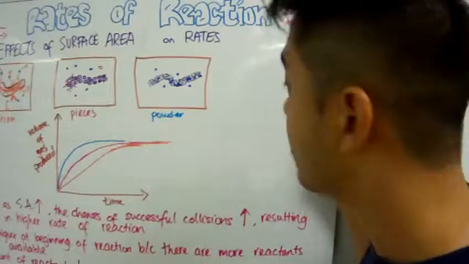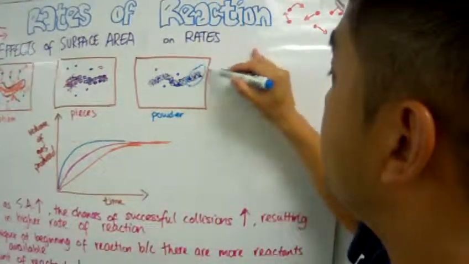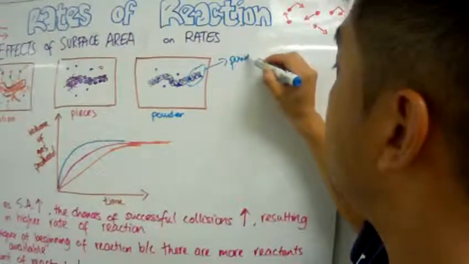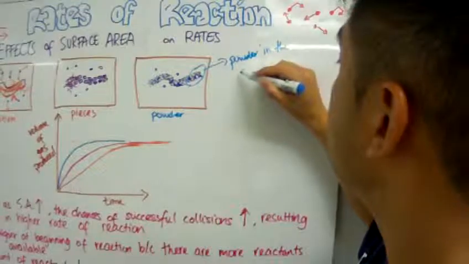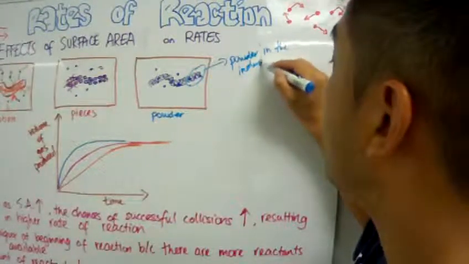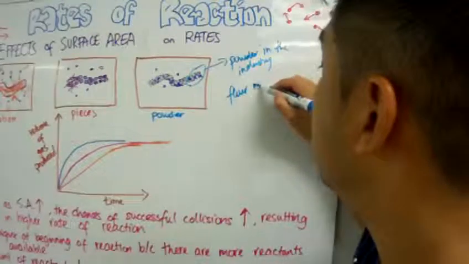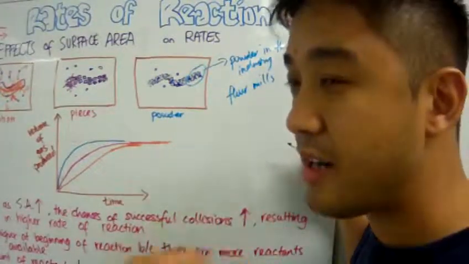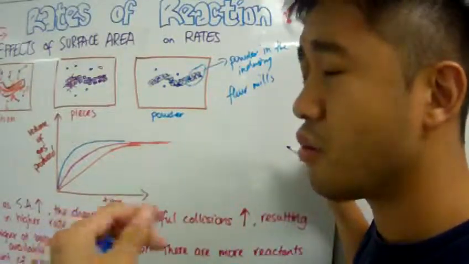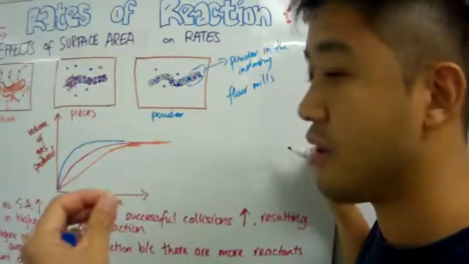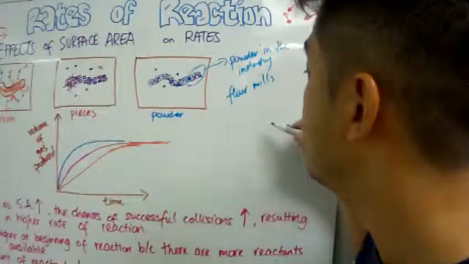All right, now as a side note, I would like to point out to you, as part of your learning objective, the dangers of powder in the industry. In particular, flour mills, when they grind up all those wheat into usable, friendly flour for us to bake cakes and all that, enchiladas.